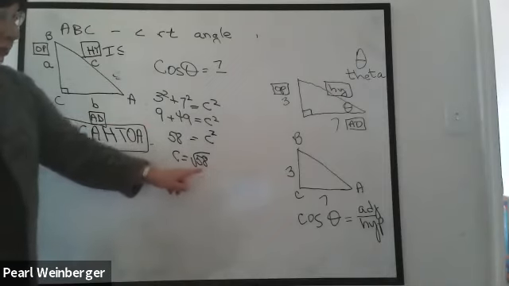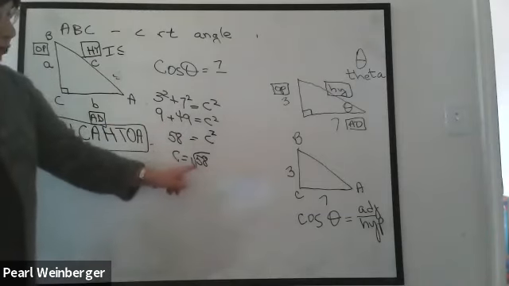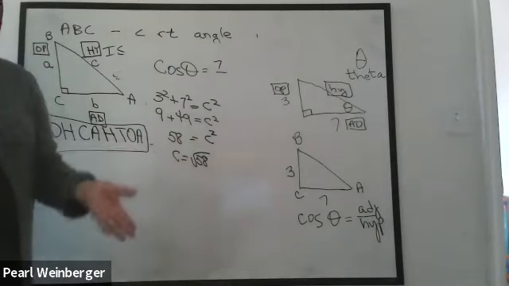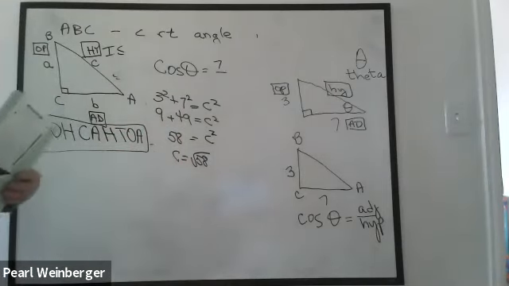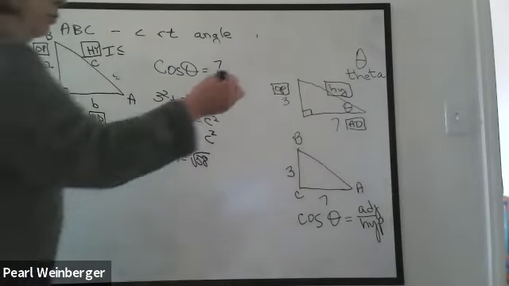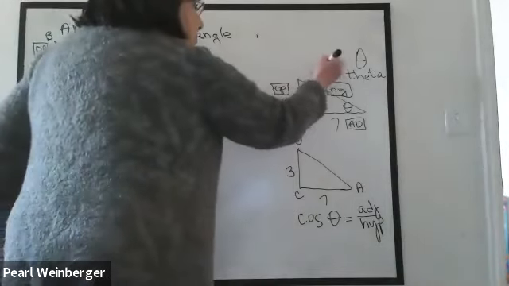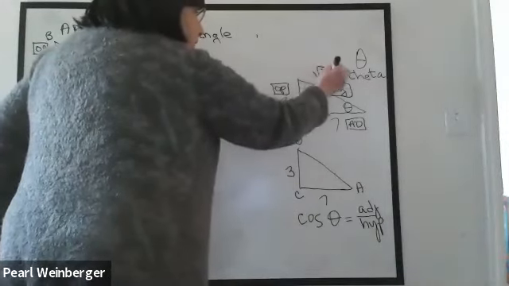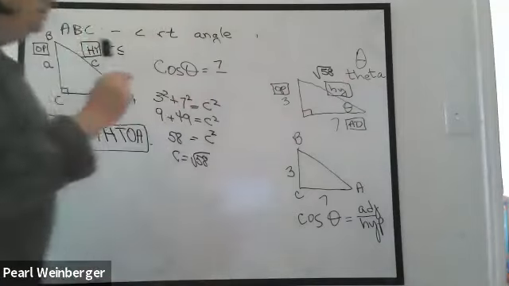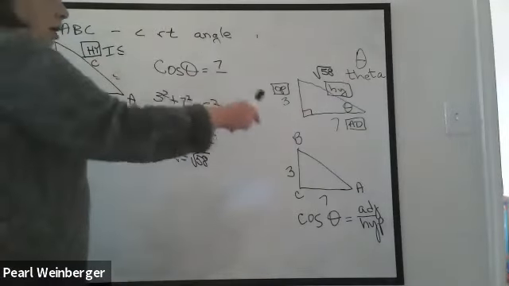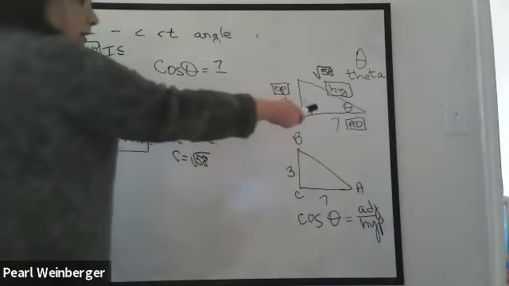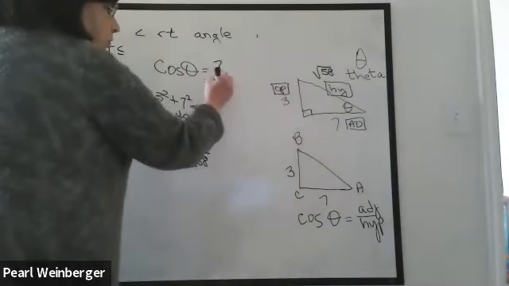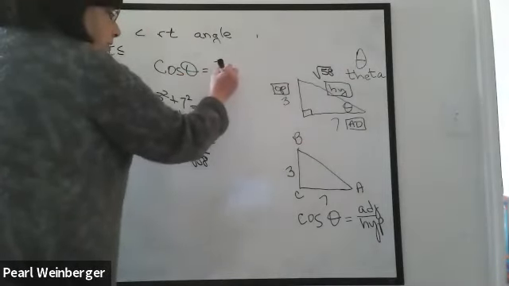Also, I can't even simplify it because the only thing that 58 multiplies into is 2 and 29, neither of which is a perfect square. So therefore, the hypotenuse has to be the square root of 58, which means that the cosine of theta is 7 over the square root of 58.